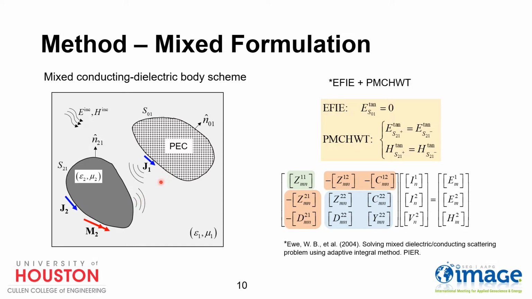Because EFIE and PMCHWT are based on the boundary condition, we can see the coupling between them. So this is the overall system matrix of this problem. In the green box, this is the system matrix of the EFIE, and in the blue box, this is the system matrix of the PMCHWT, and this red box accounts for the coupling between them. More details can be found in this reference.